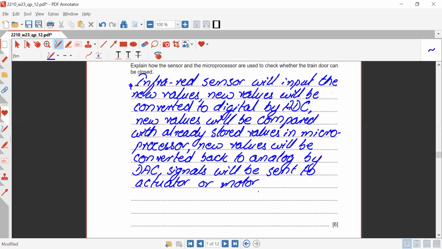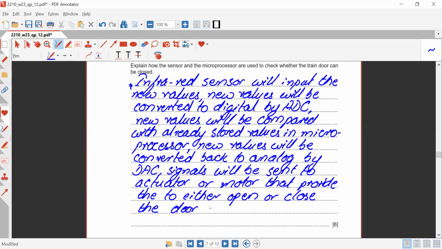The actuator or motor will provide the instructions to either open or close the door, depending on the new values input.